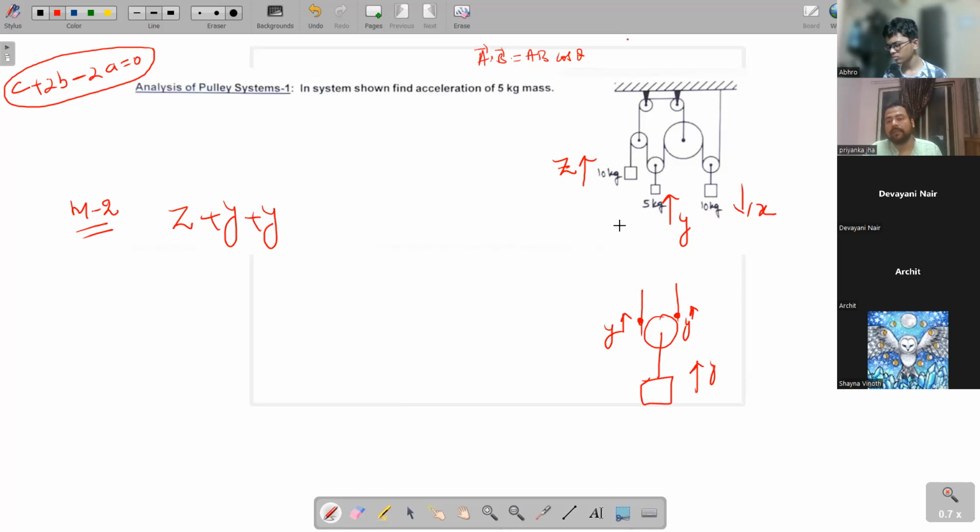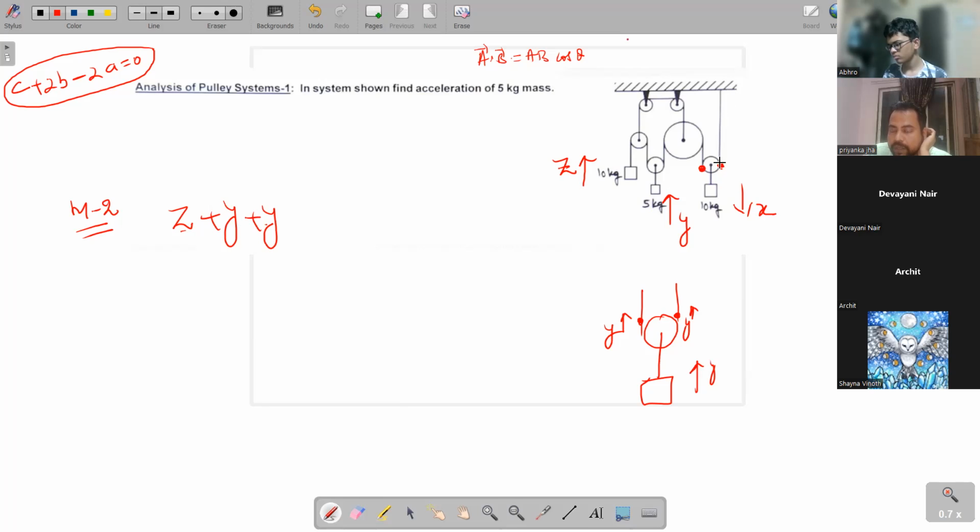Now see one thing. So how much is the total slack? Z plus 2Y. String cannot remain slack. It has to be taut. The movement of this block will tighten the slack string. Now see, this block is moving down. So because of that, this pulley will move down. So this point and this point both will move down. But this point cannot move down because this is fixed.